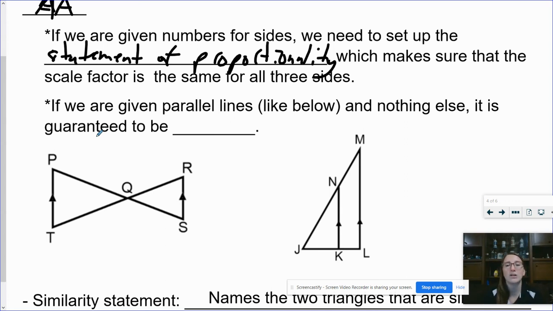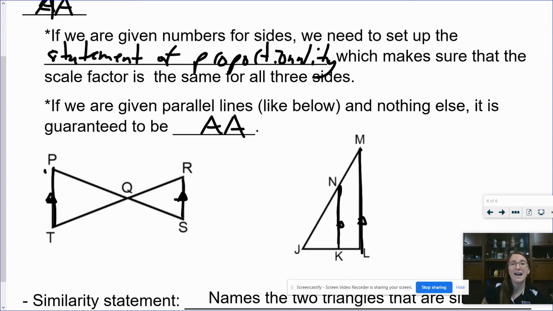If you are given parallel lines and nothing else, notice again these little symbols right here tell us these lines are parallel. Now, if you're given nothing else, no other side information, it's literally just those little triangle markings and no numbers, it is going to be guaranteed to be angle, angle.